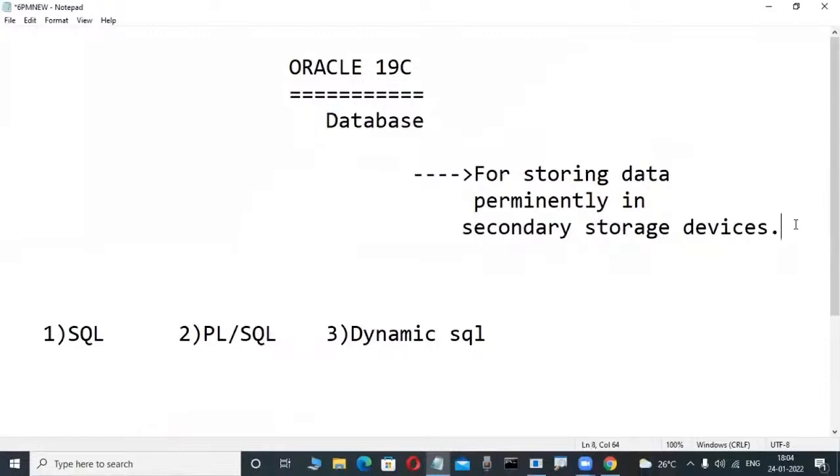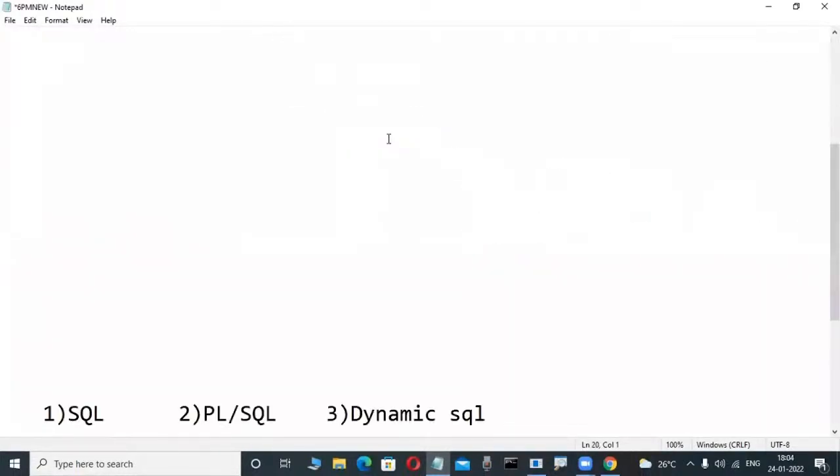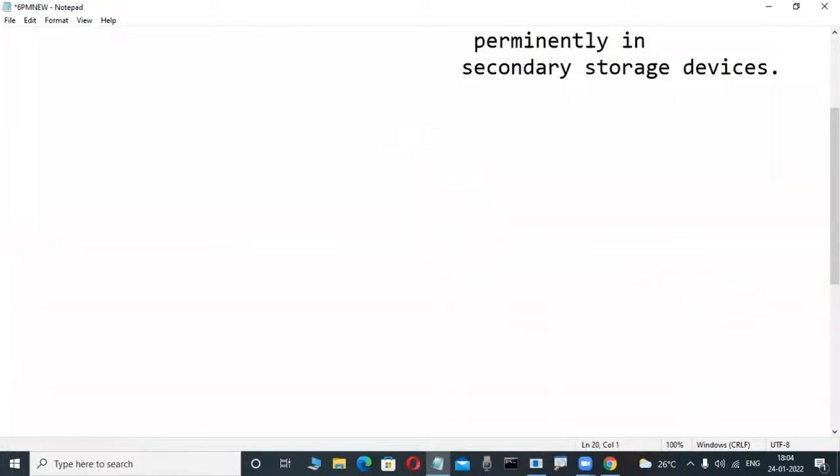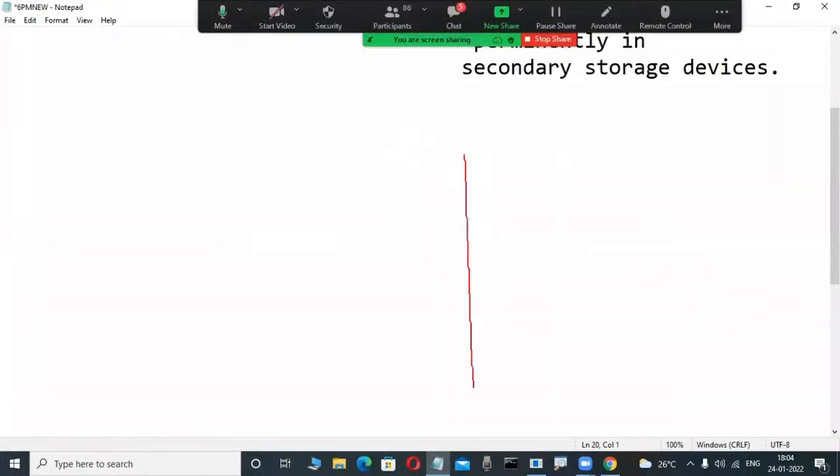But unfortunately, as I was telling in previous classes, database means it is a place. Whenever we install Oracle, SQL Server, or DB2, these types of databases in our system, automatically one place is created.